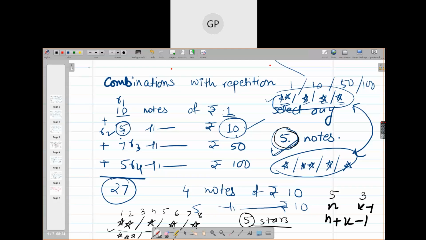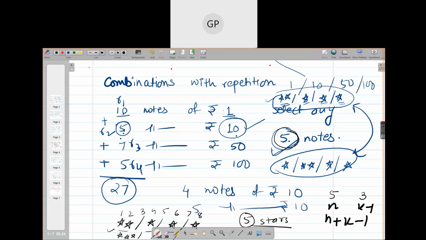For this we are going to use certain theory. You should be able to identify the situation. You have R1 identical objects of type 1, and the sample size is n here.